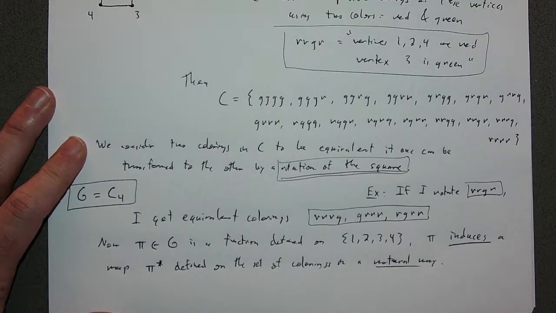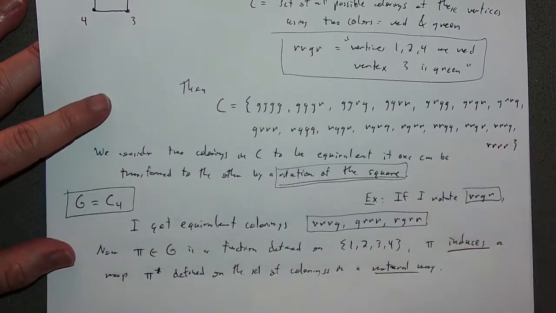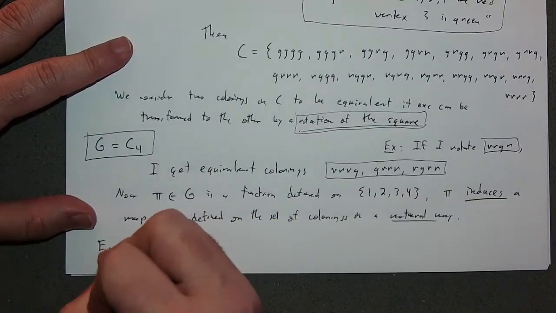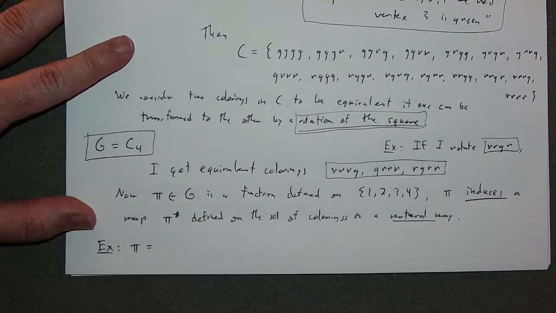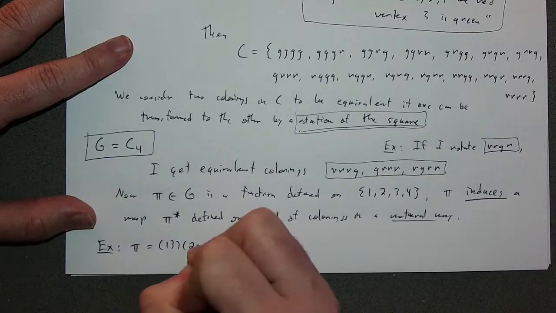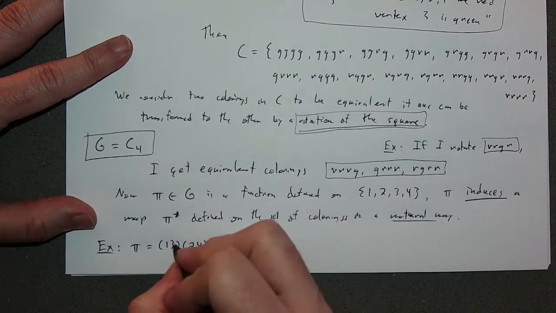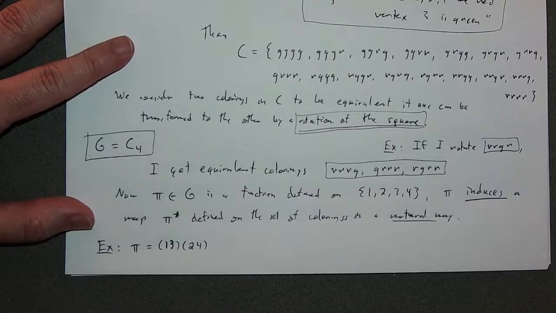So what should I say here in the natural way? Let's do a quick example. Do I have room to do it here? Maybe. Let's say that pi is the 180-degree rotation (1, 3, 2, 4).